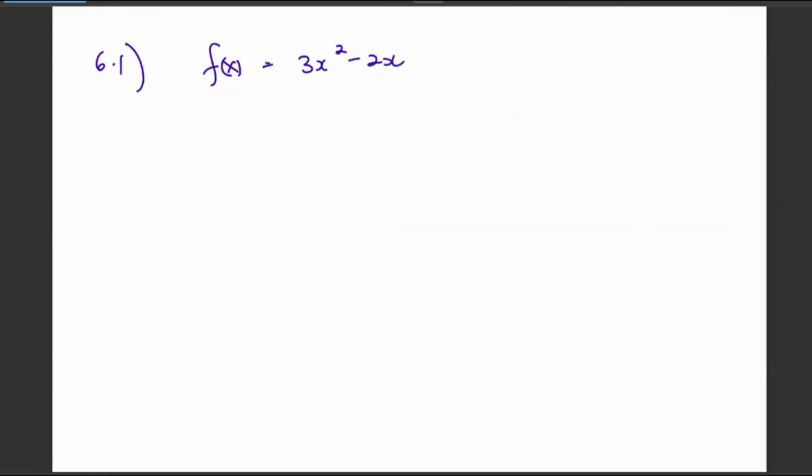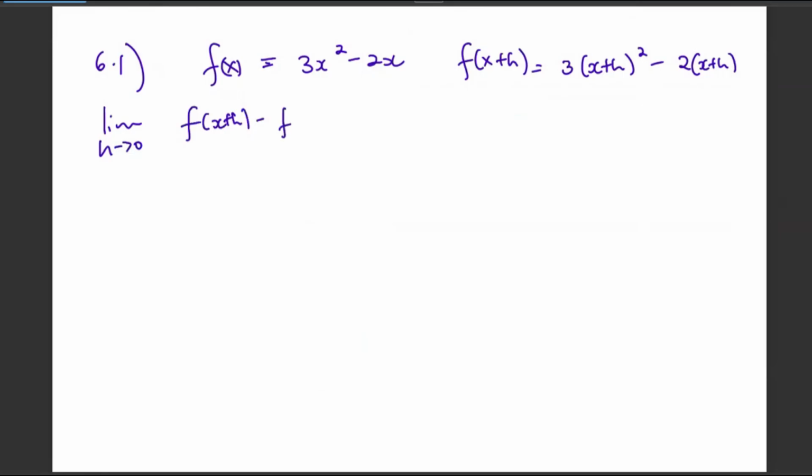So with first principles, we need f of x, but we also need f of x plus h, meaning that it will be 3 into x plus h squared minus 2 into x plus h. So where there is x, we have to increase it with just a small h. Then the formula tells us the limit as h tends to 0, f of x plus h minus f of x all over h.